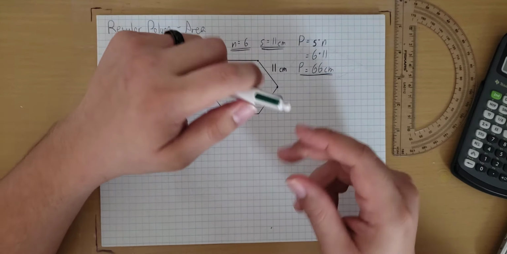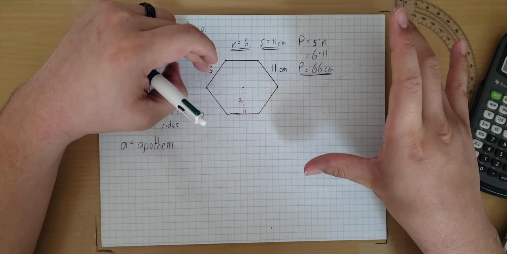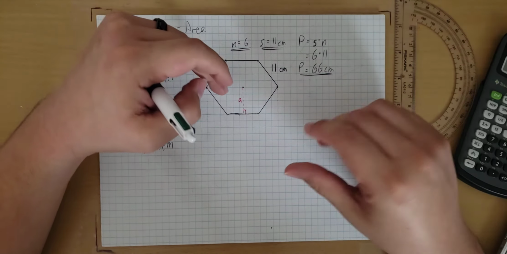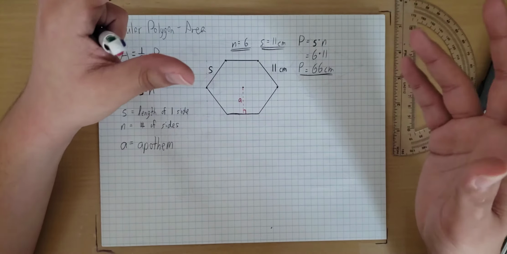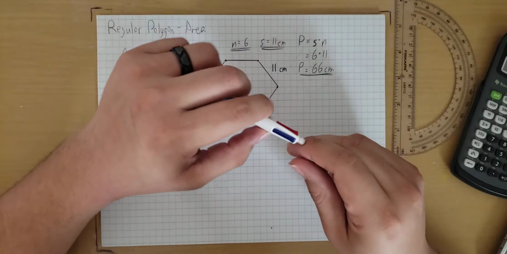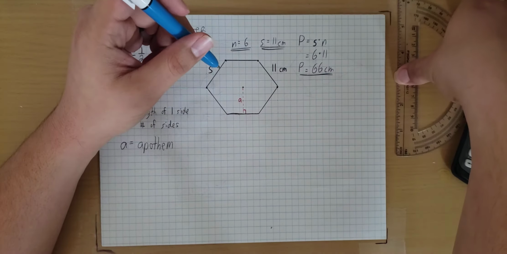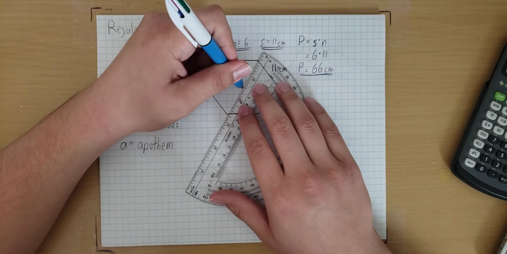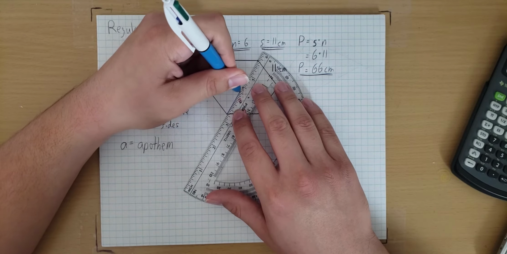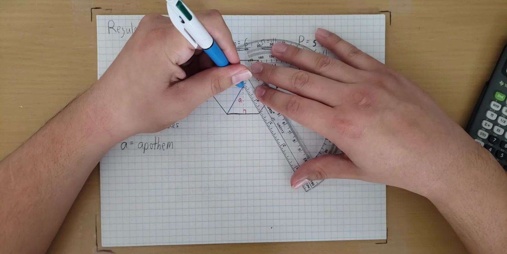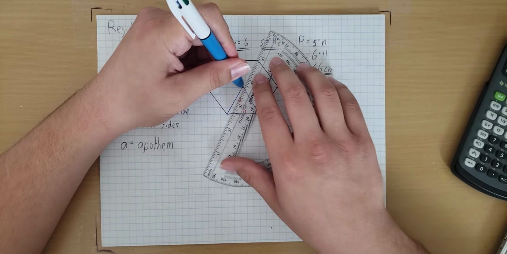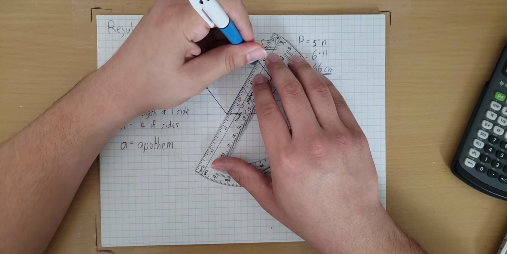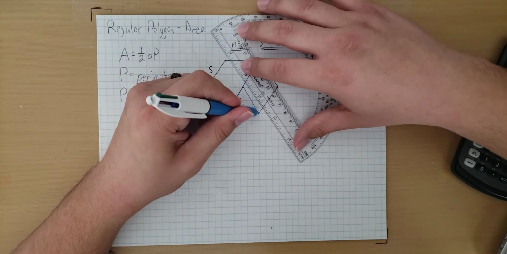Now the apothem. Well, one of the great things about regular polygons is that they can be divided into 6 congruent triangles. See, if I take that center and connect it to the vertices, let's do it the easy way.